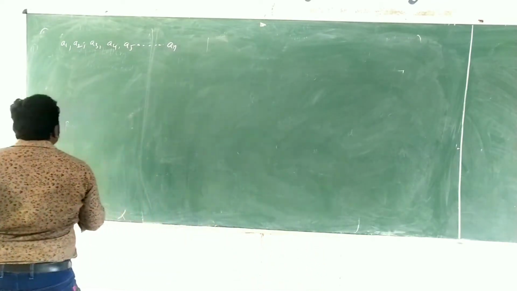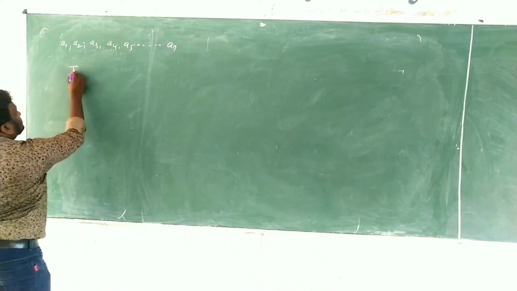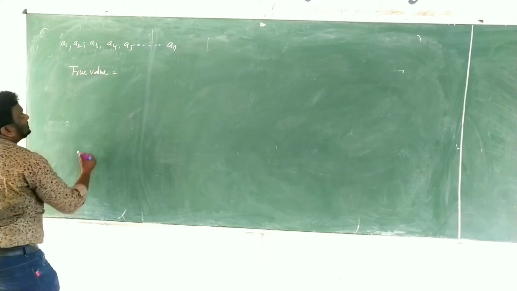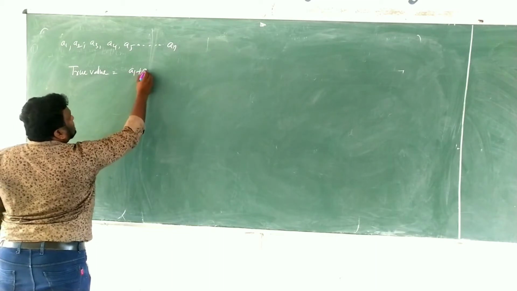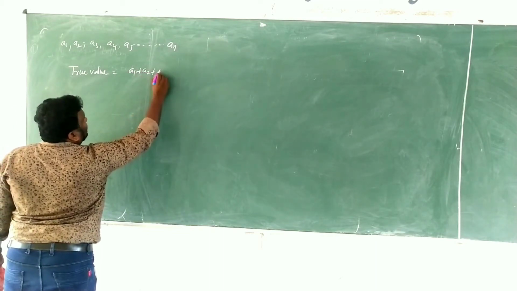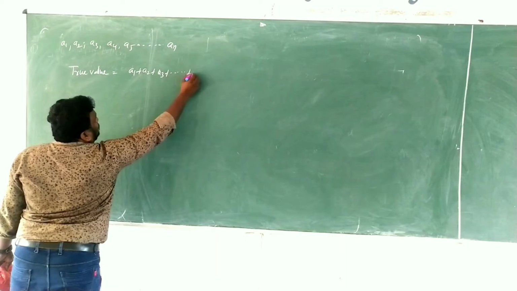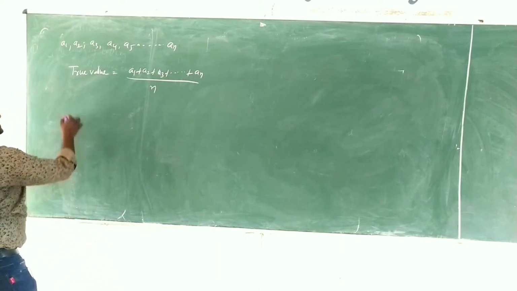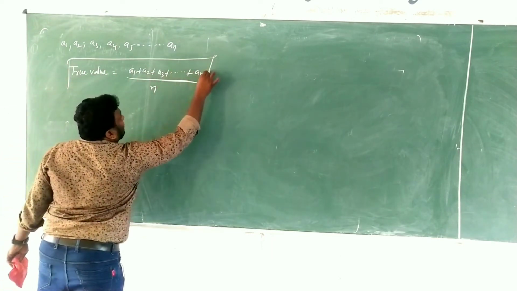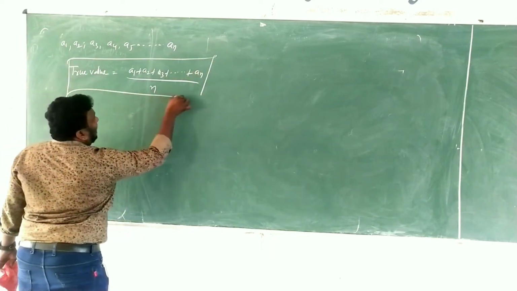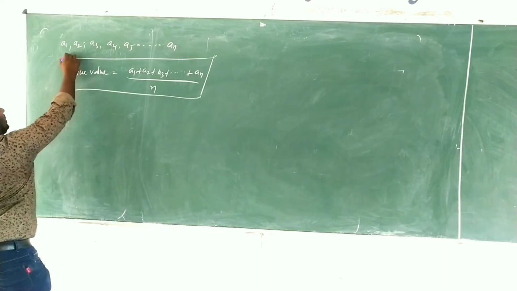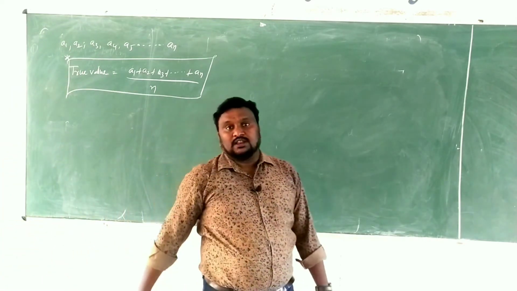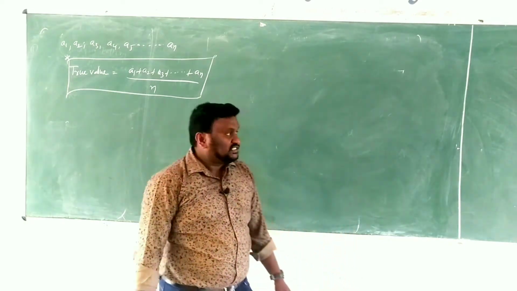Then true value can be written as true value is equal to A1 plus A2 plus A3 plus and so on An, divided by n. That is the definition for true value. The average of all the measured values should be called true value.